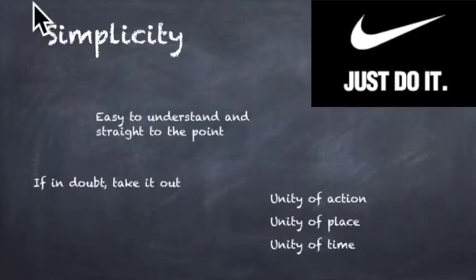The next one is simplicity. It should be very easy. Use as few words as possible to describe your idea. And usually simplicity is used in commercial storytelling, and by that I mean advertisements. You don't want to read a full novel about Nike while driving on the highway.